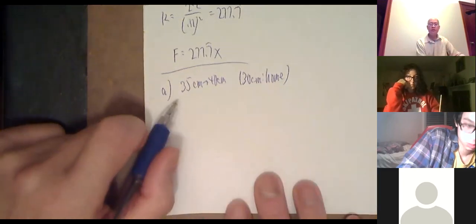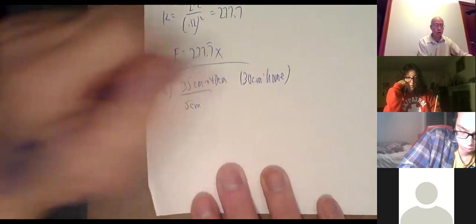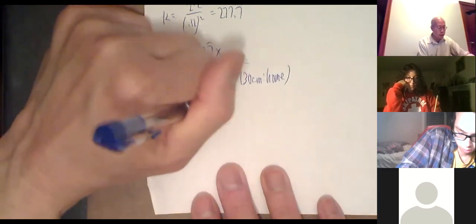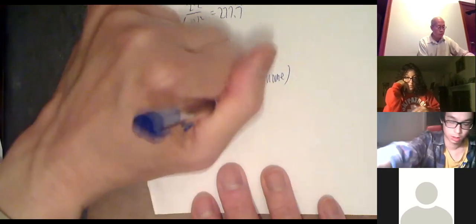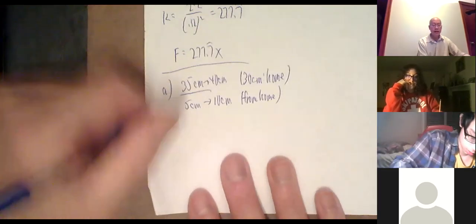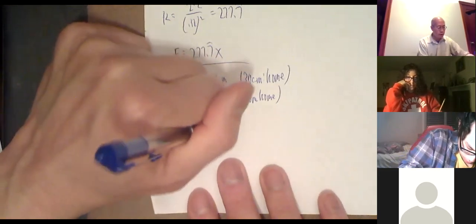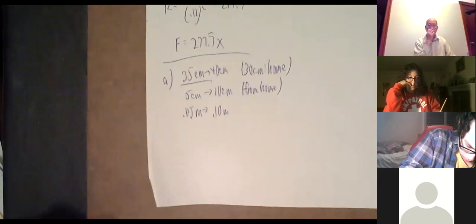If I'm going from 35 to 40, I'm really going from 5 centimeters away from home to 10 centimeters away from home position. And that comes out to be 0.05 meters to 0.10 meters.